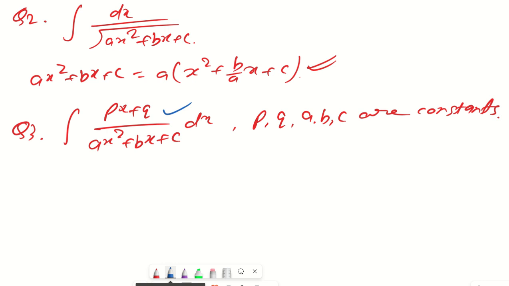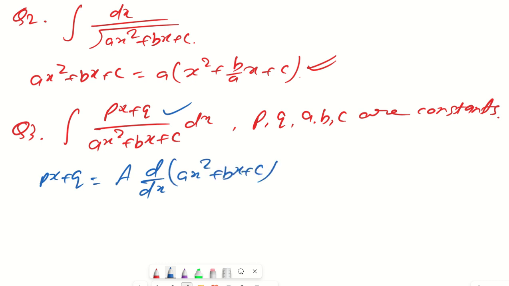So px plus q can be written as some constant A times d by dx of ax square plus bx plus c, plus some another constant B. So if you replace this, we are going to get how much?